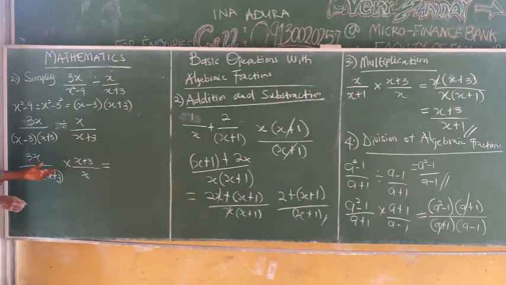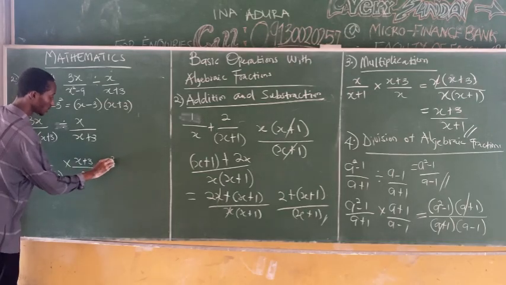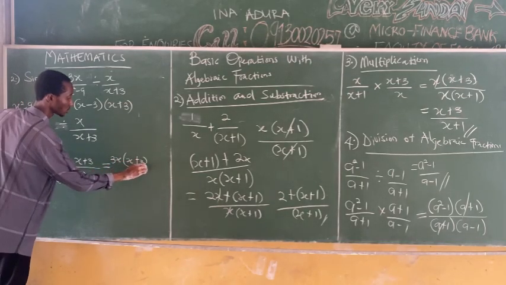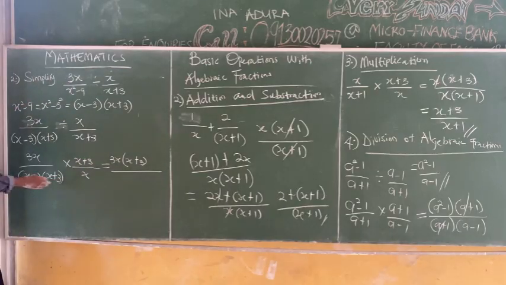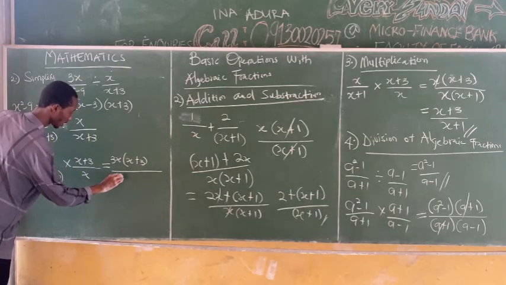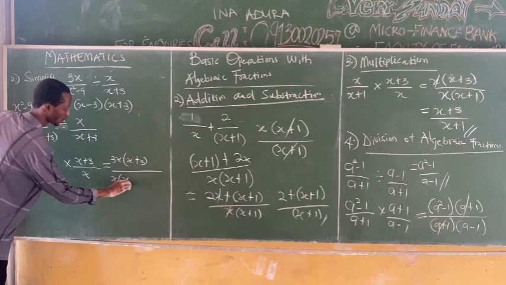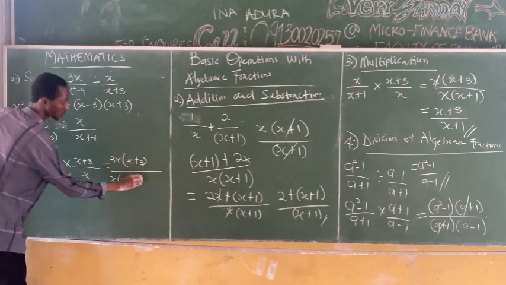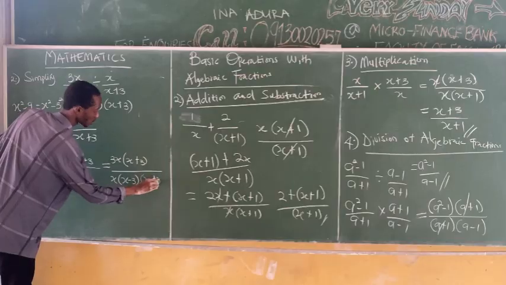All we have to do here is multiply the two numerators together and divide it by the two denominators, so we also multiply the two denominators. We have here 3x into x plus 3, all divided by x into x minus 3 into x plus 3.